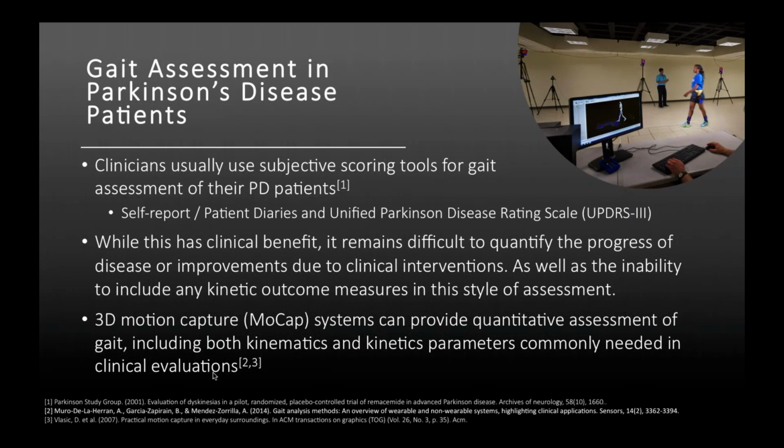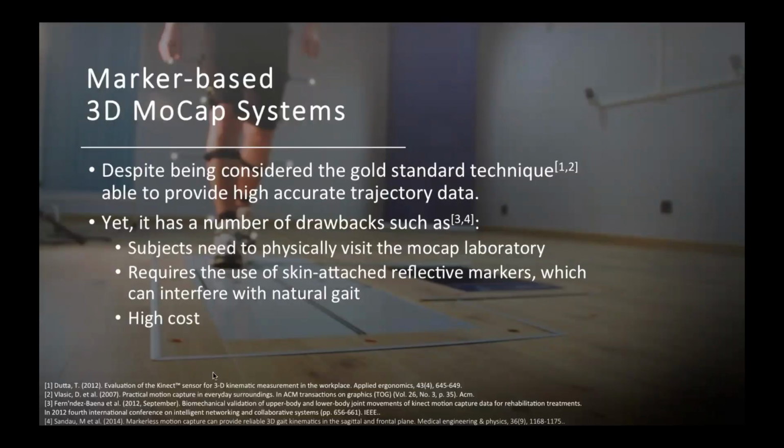Traditionally, 3D motion capture can be a solution that provides quantitative assessment of gait. As you all know, it can be used to measure kinematic and kinetic parameters usually needed by clinicians to evaluate their patients. Marker-based 3D motion capture systems are considered the gold standard techniques to measure kinematics and kinetics, yet they come with some drawbacks.